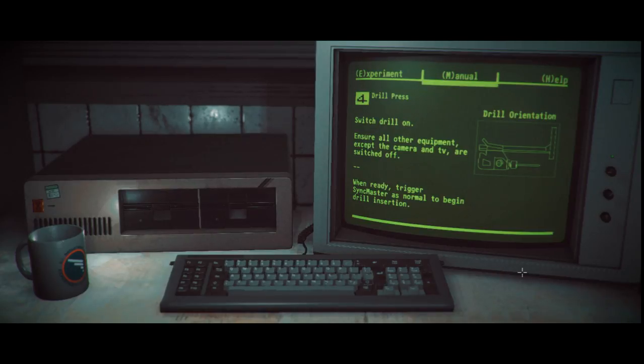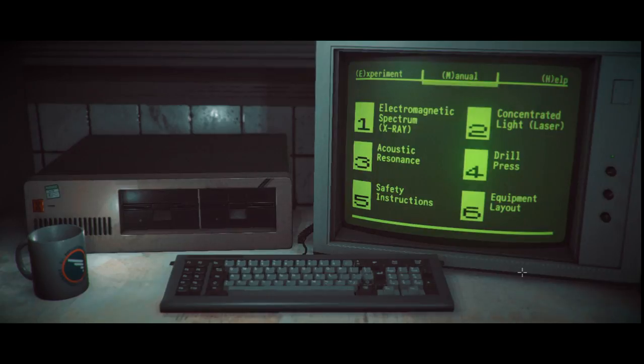Drill: switch on. Ensure all other equipment except camera and TV are switched off. When ready, trigger sync master as normal to begin drill insertion. Shows drill orientation.